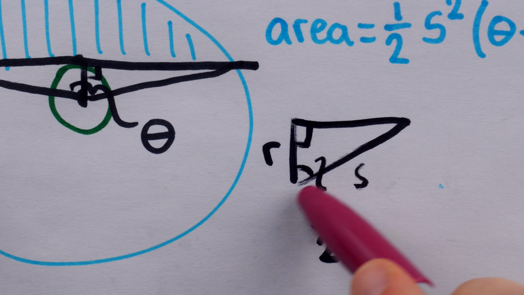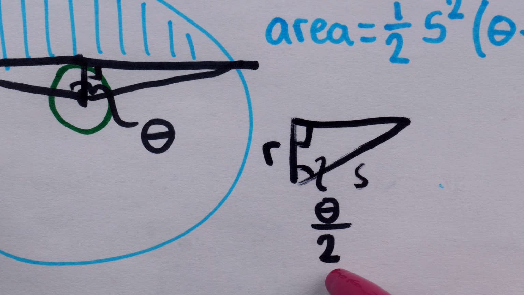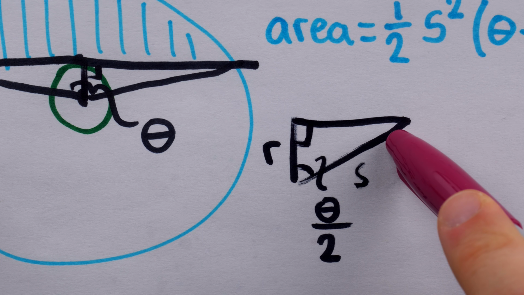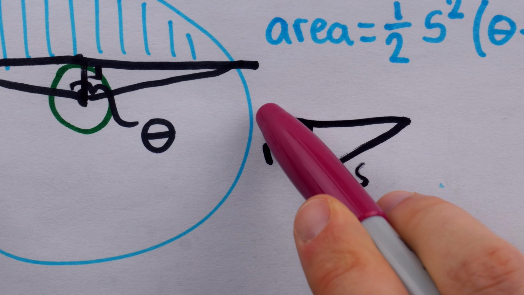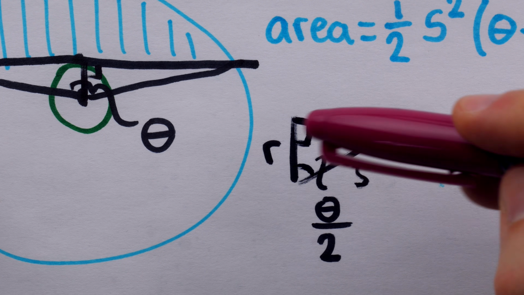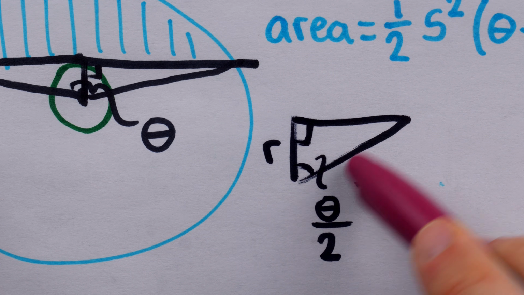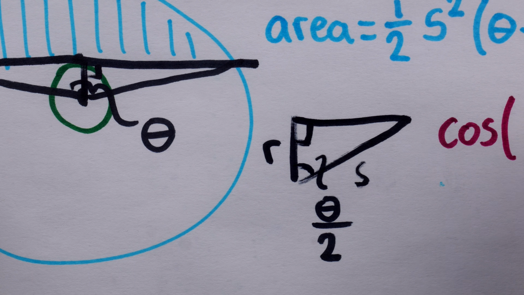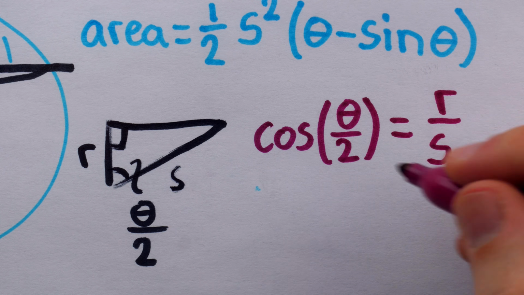Now, sine of theta over 2, if you know your trigonometry, is the opposite side over the hypotenuse, SOHCAHTOA, sine opposite hypotenuse. But I don't know the length of this opposite side, so I'm going to use cosine, which is going to be the adjacent side over the hypotenuse. So cosine of theta over 2 is r over S, adjacent over hypotenuse. Why is this useful?